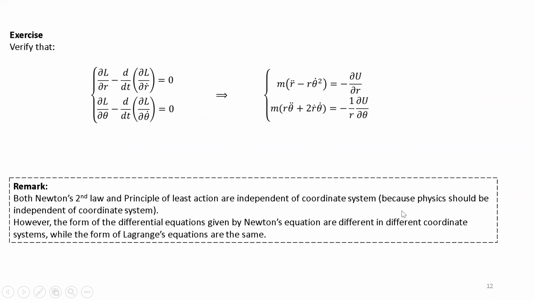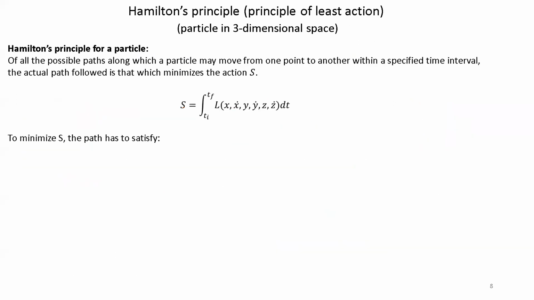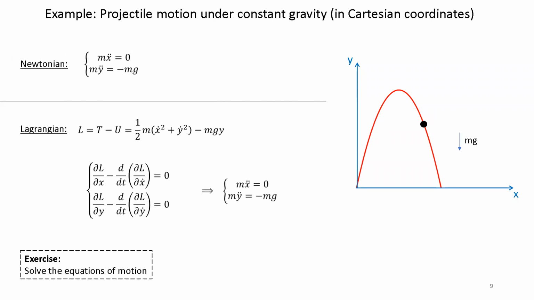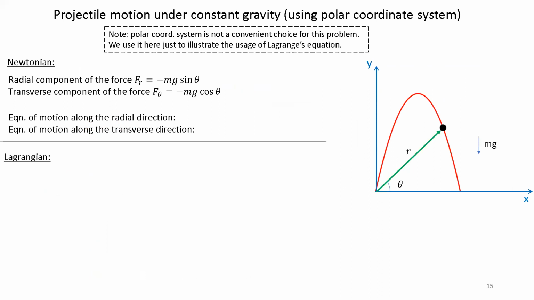Now let's move on to the example that I want to talk about using this polar coordinate. This is again an example that you already know how to solve. It's just a projectile motion under constant gravity pointing downward.